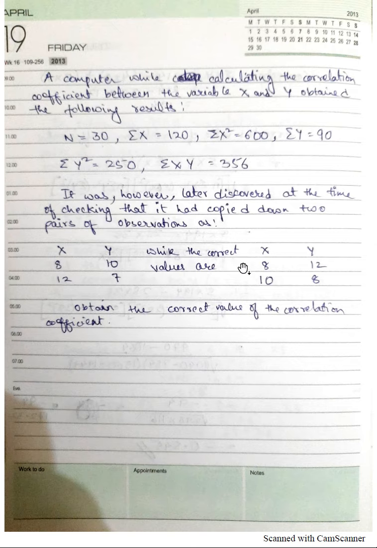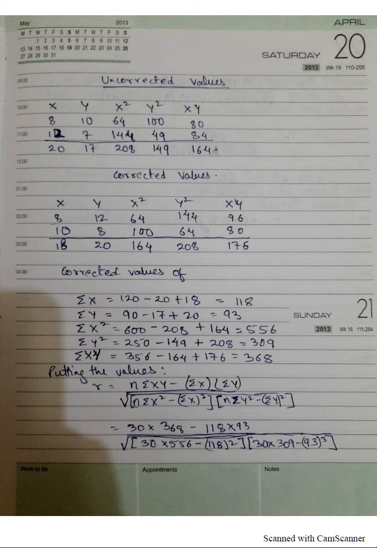While the correct values are x equal to 8 and y equal to 12, and x equal to 10 and y equal to 8. Obtain the correct value of the correlation coefficient.